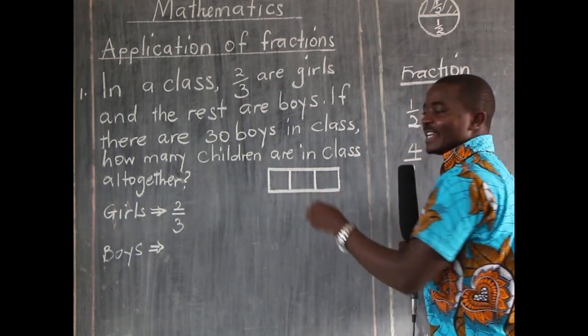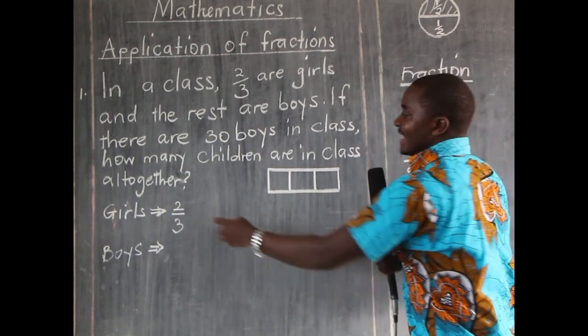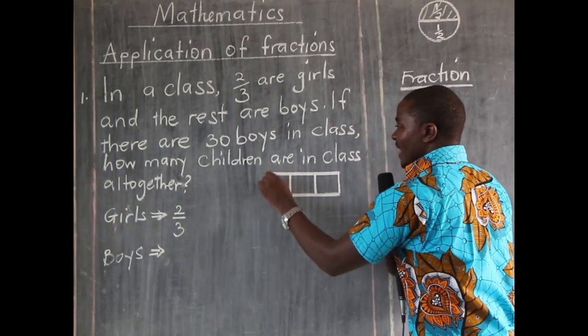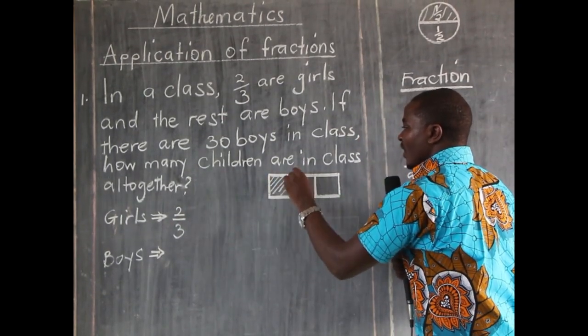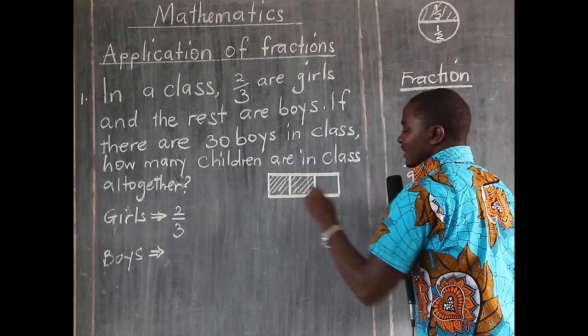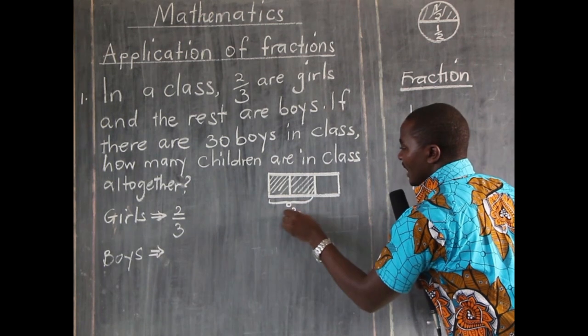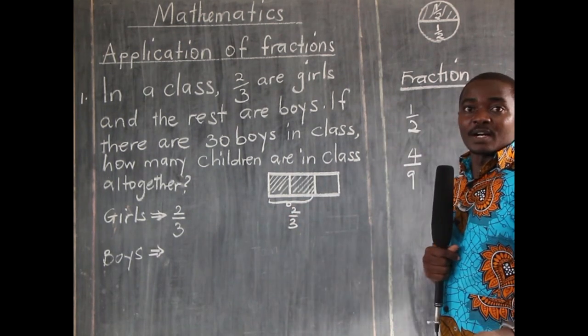So this one is divided into 3 parts. Then the fraction for girls is 2 out of 3. So when I shade 2 parts of these 3 parts, these 2 out of 3 is for girls.